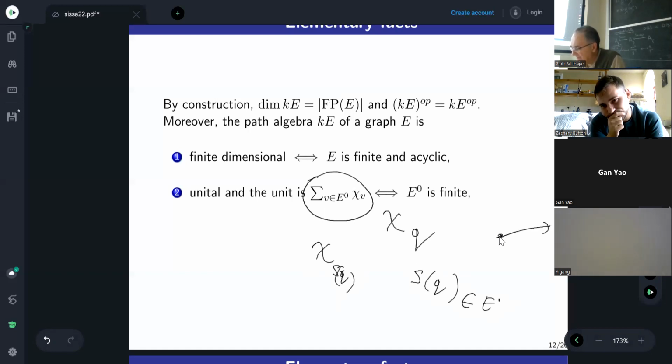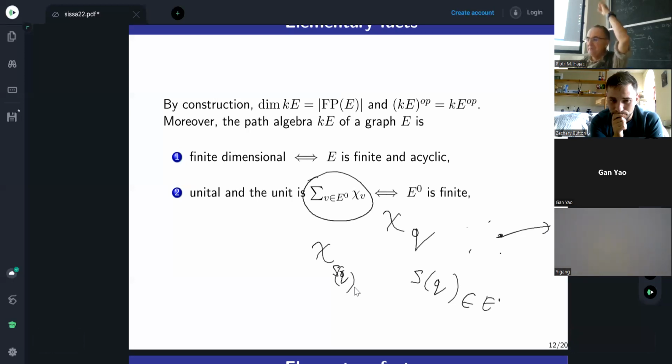So a vertex times a path which starts there is this path, by concatenation. However, any other vertex is different from the beginning. So any other vertex times this path is 0, because the end of this path is this vertex, and it's not the same as the beginning. So this is from the right, and from the left, instead of s(q), you take t(q), the same argument. So it's a two-sided unit.